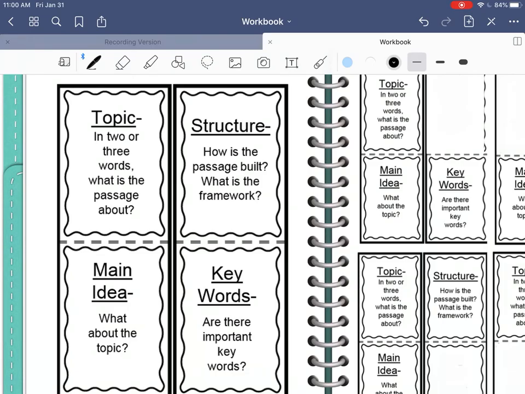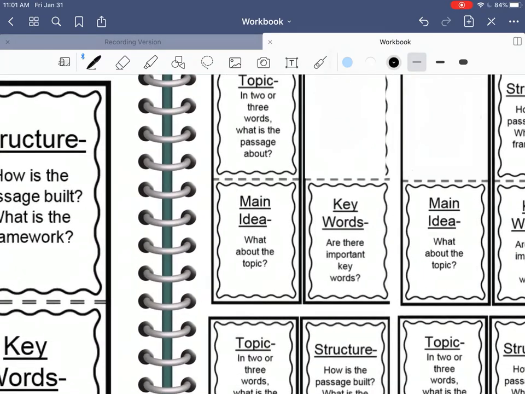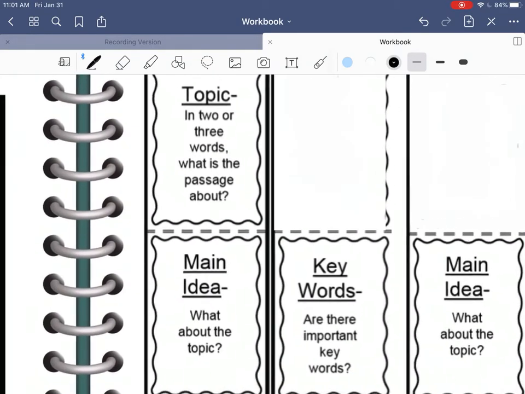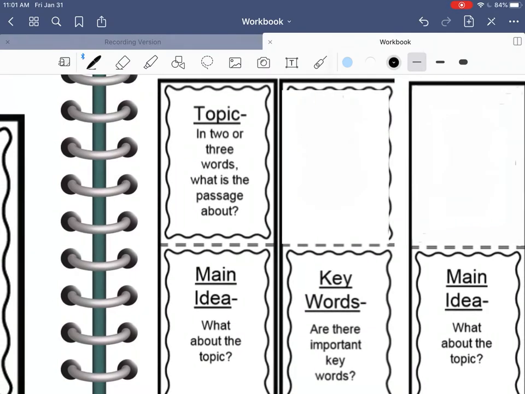Okay, and the first thing that we're going to look at, I want you to open up the door that says structure. So this door right here, go ahead and open that up. And the structure of this passage about the 7 Wonders is informational.